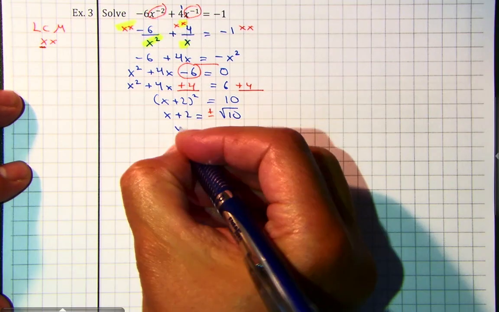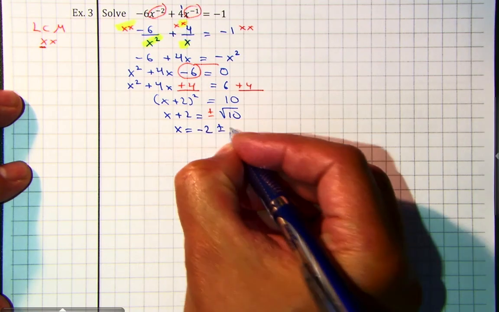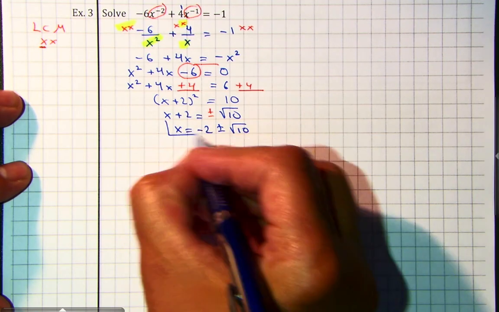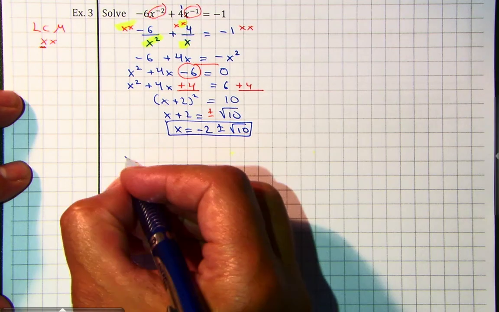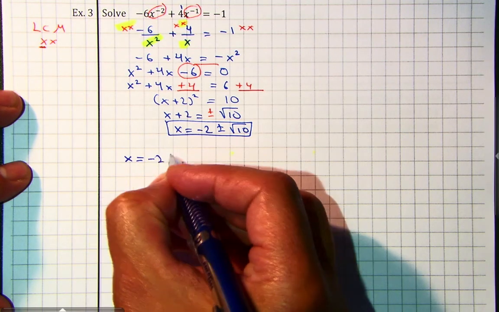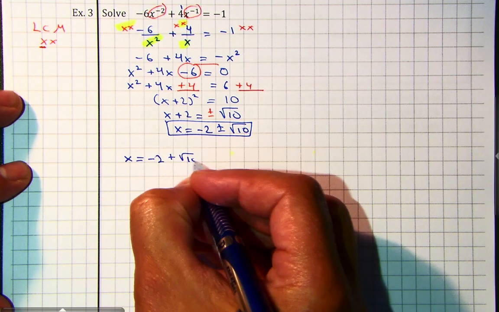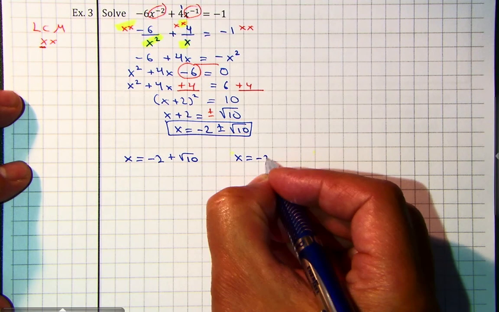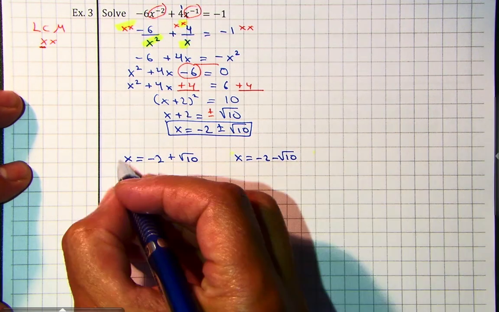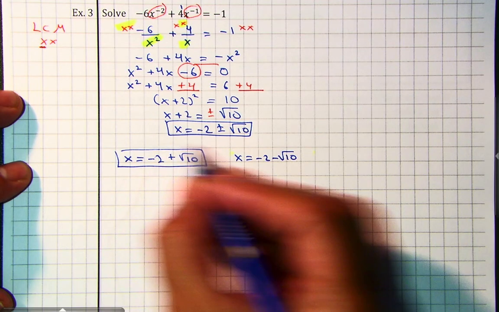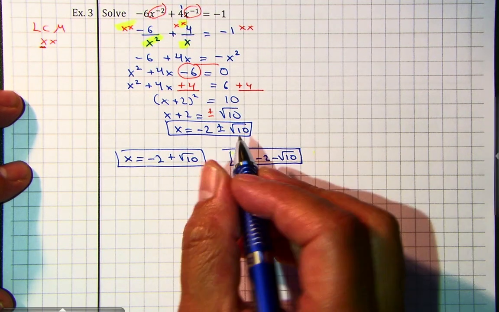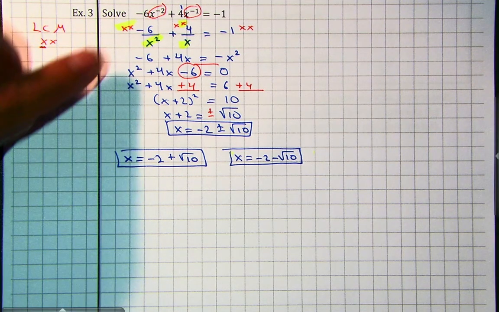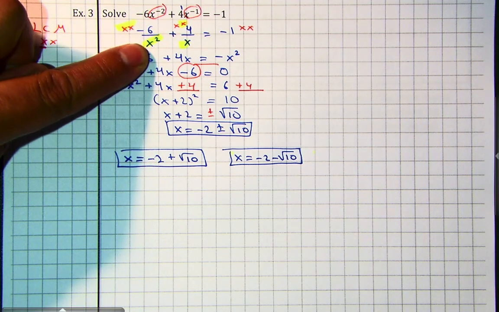Move the 2 to the right, we can say negative 2. So therefore I have two answers, either x equal to negative 2 plus square root of 10, or x equal to negative 2 minus square root of 10. So now we have to be concerned whether any of those two answers will make my denominator 0. No, correct?